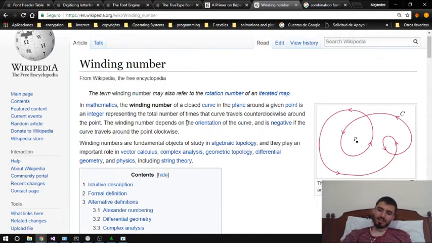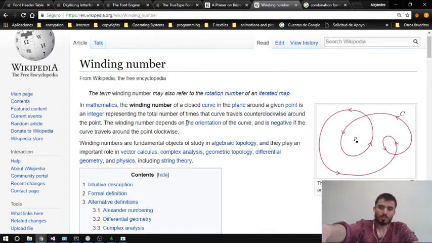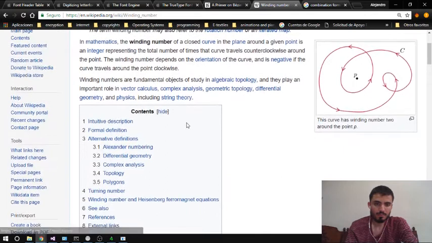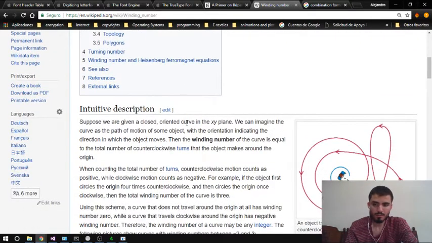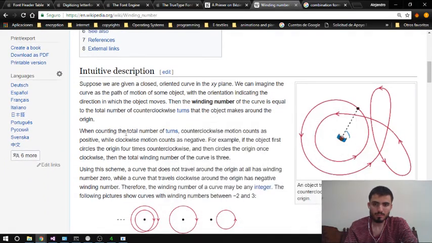And if you see that it has a little rounding, but that doesn't cross around the point, it passes around the point. So that's a winding number of 2 also.